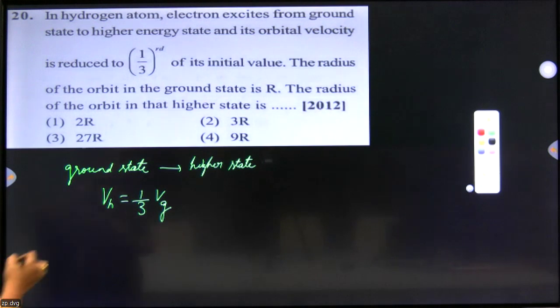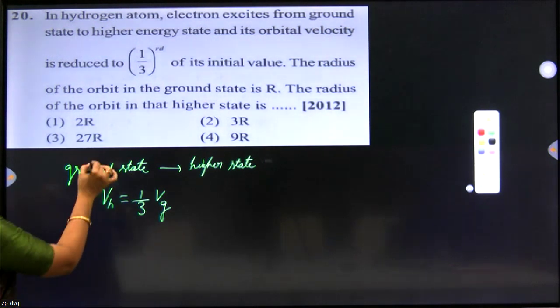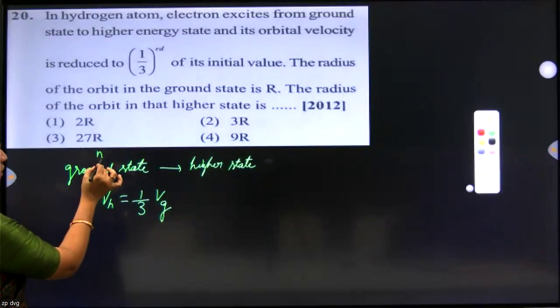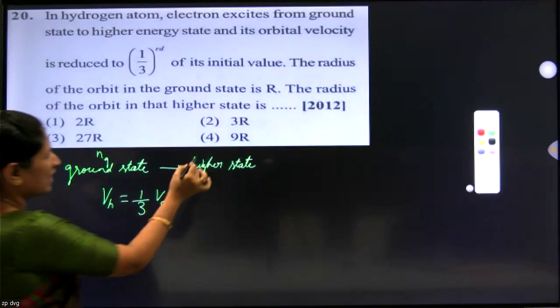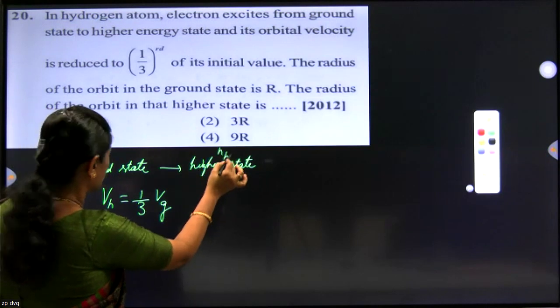Take the principal quantum number in the ground state as Ng and for the higher state as Nh.